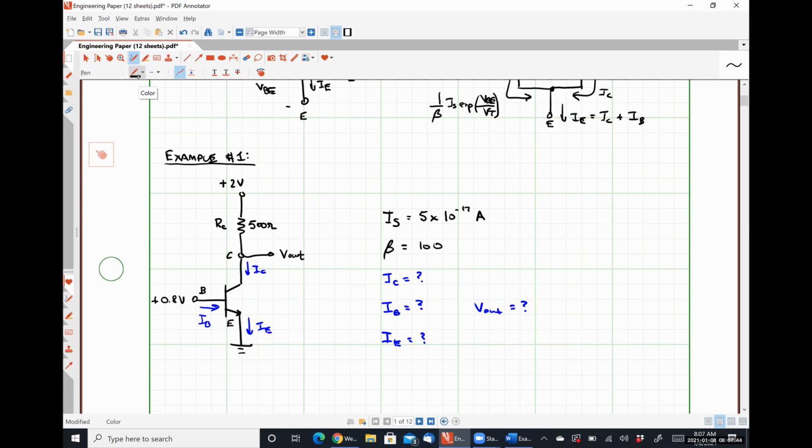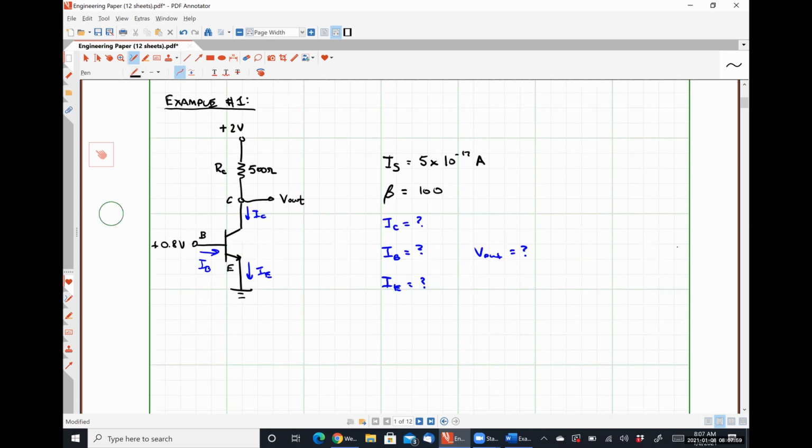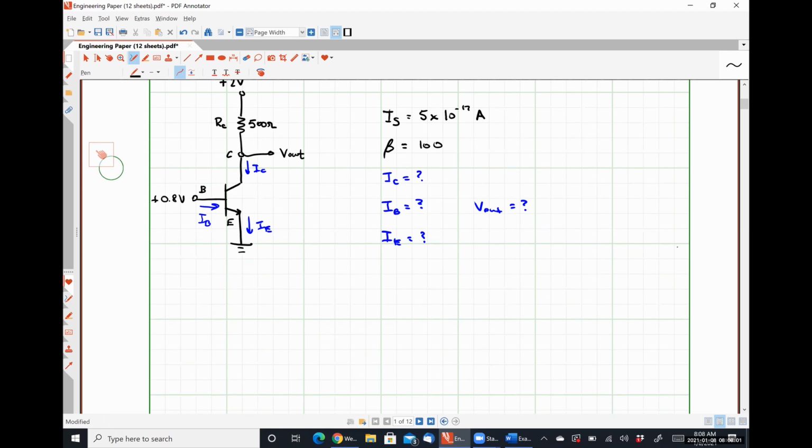The large signal model, really its best application is informing us of how the small signal model is going to behave later on. But I'm just going to get into the habit of using the large signal model for these biasing circuits anyway. So I just wanted to be clear about that. We could go through this reasonably easy without actually using the large signal model and still figure out what's going on in this particular example.